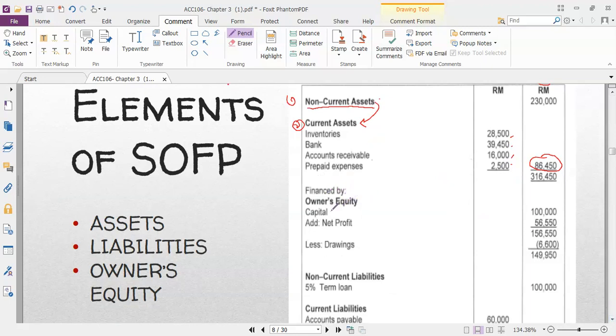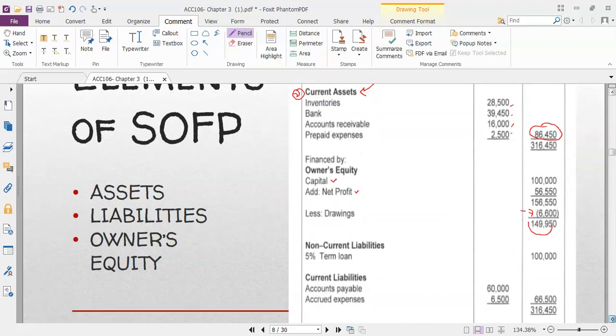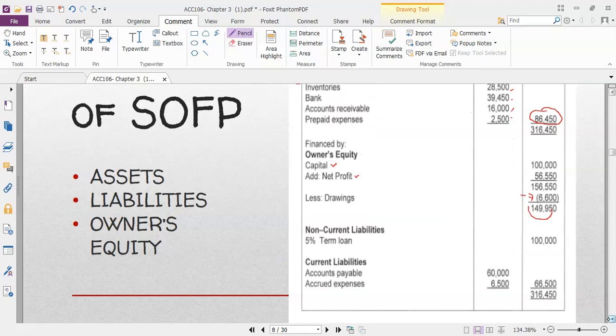Okay, dekat honest equity tu ada apa? Capital plus with net profit and then less with drawing. So you will get the amount of honest equity. Okay. And then after that, apa lagi yang kita kena cari?